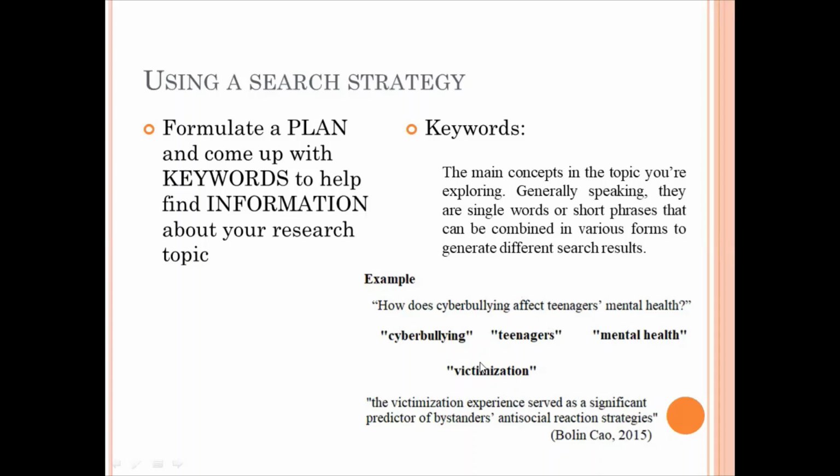So after searching teenage victimization and mental health, this result came out: the victimization experience served as a significant predictor of bystanders' antisocial reaction strategies. It has a whole lot to say, but this is how you string down to the information you are looking for regarding this research question.